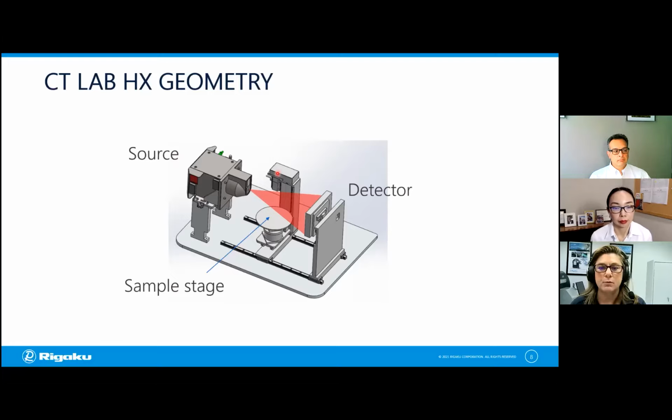There's a camera overhead so that you can see the sample. Downstream of that, we have our X-ray detector, where we'll be measuring the X-ray photons that are not absorbed by the sample, or those that are transmitted rather. So let's have a look at the system itself.